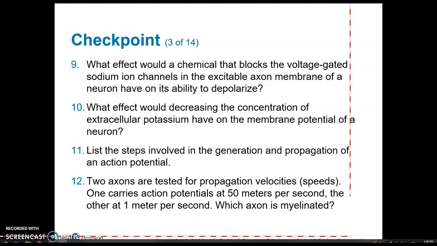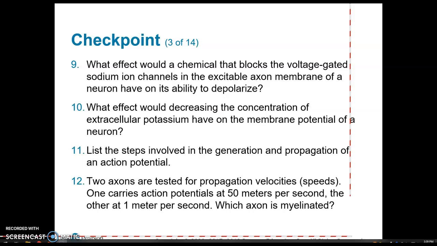In other words, there will be a lot bigger discrepancy between the amount of potassium in the cell and outside the cell. And what that's going to do is cause potassium to leak out faster. Potassium moving out of the cell causes the membrane potential to do the opposite of depolarize. It's going to cause it to become more negative.